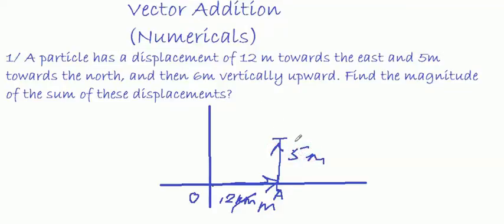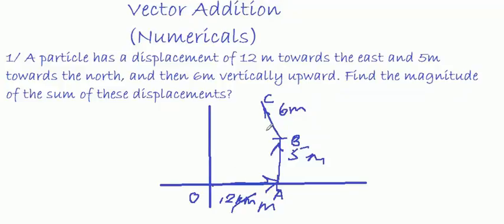And then 6 meters vertically upward, A to B, 6 meters. Find the magnitude of the sum of these displacements.